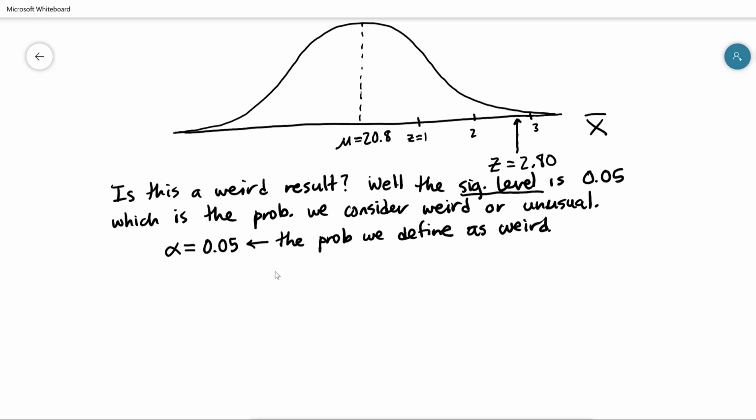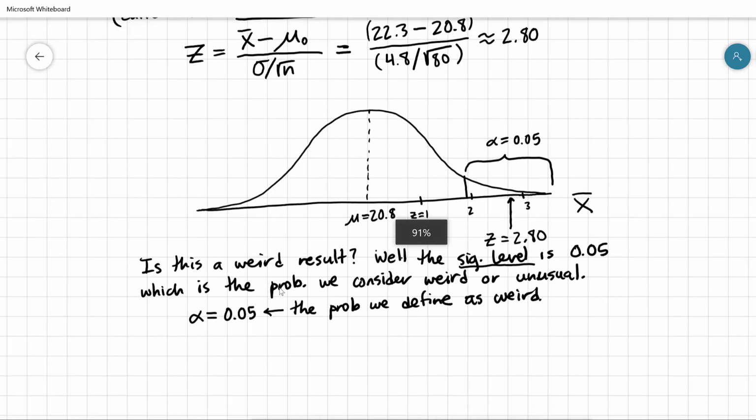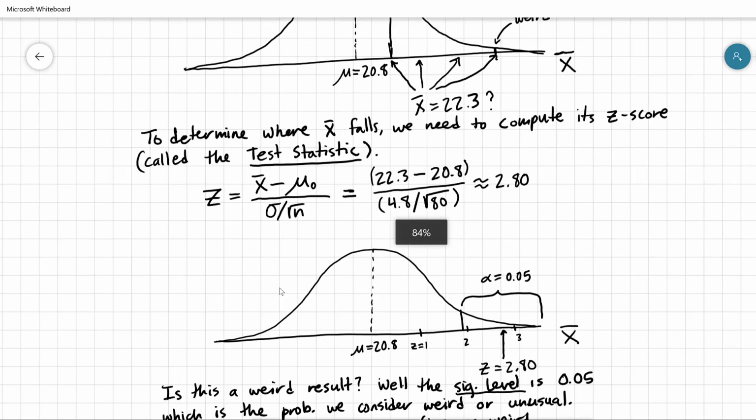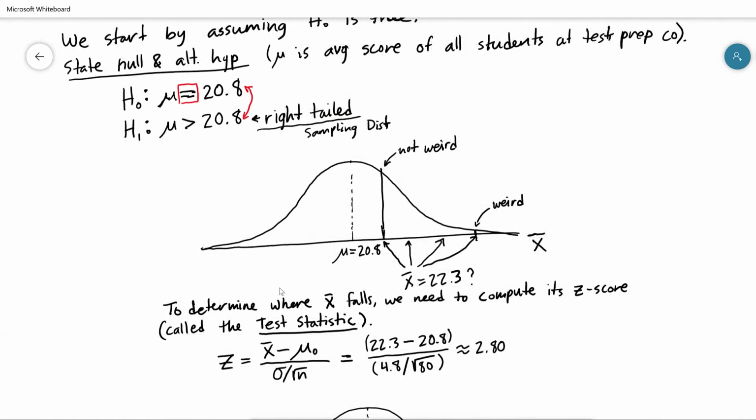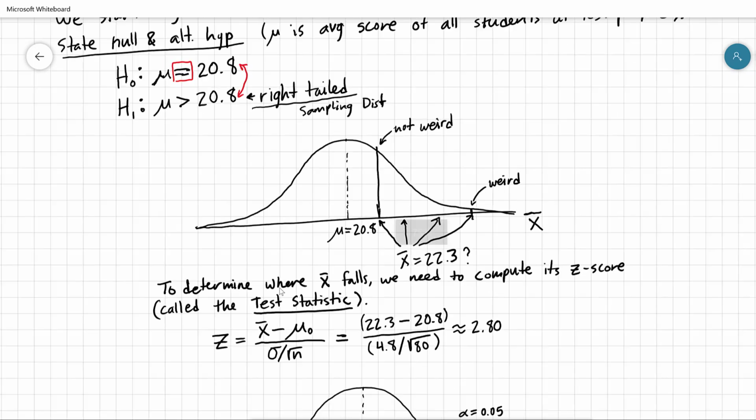In this particular case, we're going to be able to find this value using our table that we had before. So I'm going to draw this region that I consider weird, and it's going to be this region right here. Here's where alpha equals 0.05. The reason that I'm drawing it all on the right side is because we had a right-tailed alternate hypothesis.